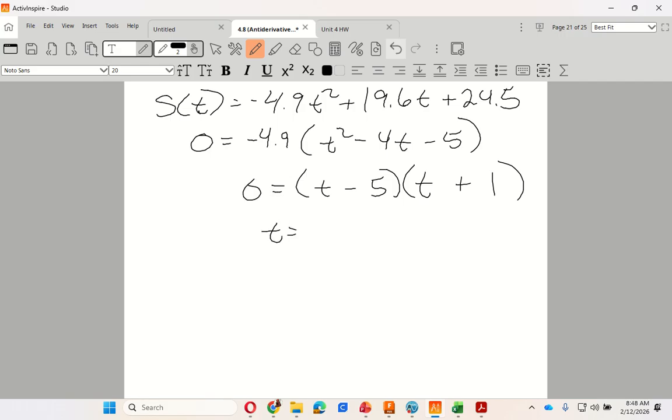So t is a positive 5 and t is a negative 1. Can I throw out one of those answers? Why? Time cannot be negative. So, how long is the rock in the air? 5 seconds.